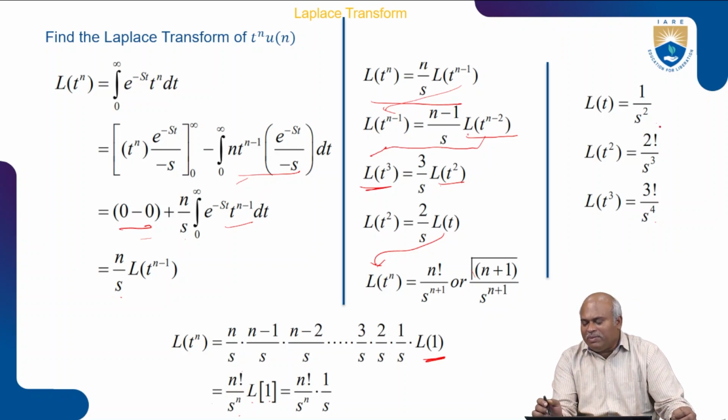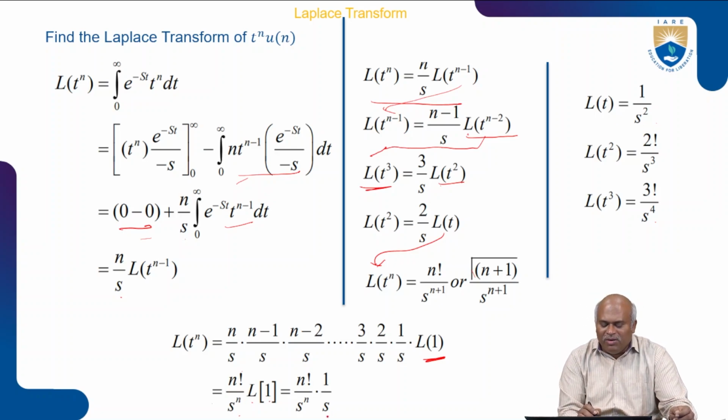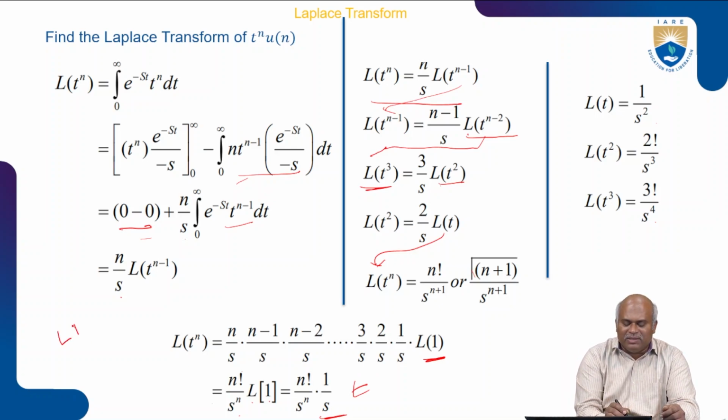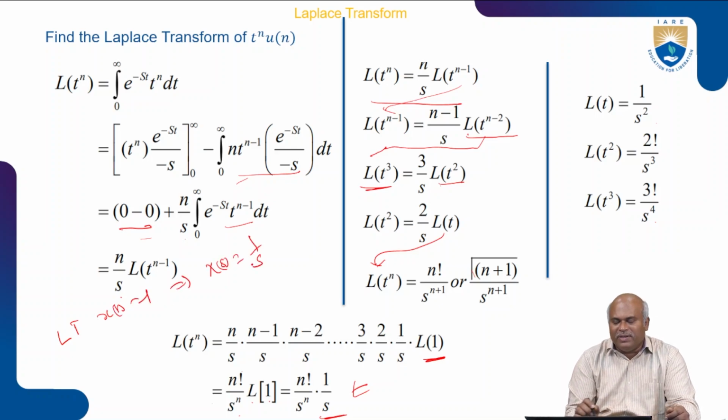Here Laplace transform of 1 is represented as 1 by s. This was studied in the last session: the Laplace transform of x of t equal to 1 is x of s equal to 1 by s.